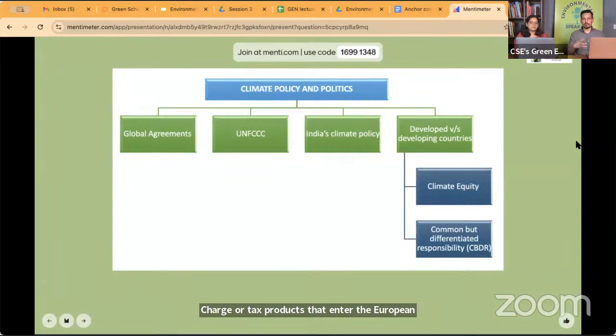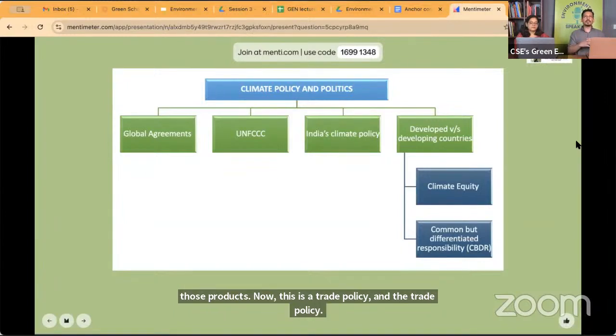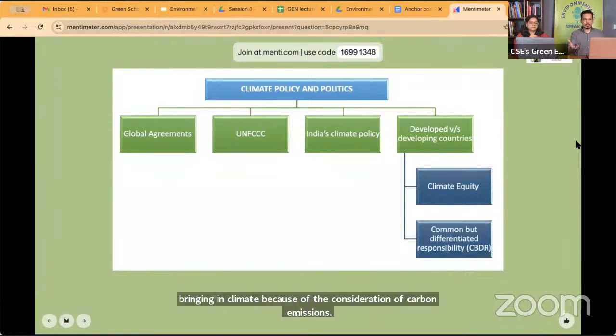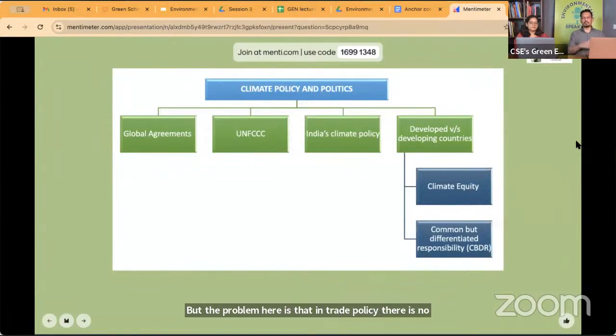Now, this is a trade policy, and the trade policy is bringing in climate because of the consideration of carbon emissions. But the problem here is that in trade policy, there is no climate related principle like equity or CBDR set in stone. So this kind of consideration is not there. But in climate, it is.